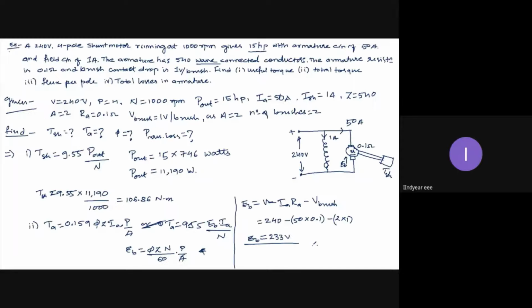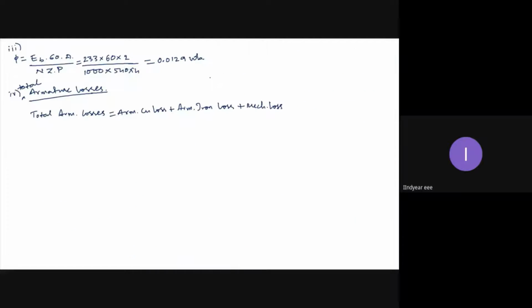Now, because the drop across brush is also mentioned, there will be brush contact loss, plus brush contact loss. Only after these losses, output is available. So suppose if brush contact drop was not mentioned, I would not have used brush contact loss.